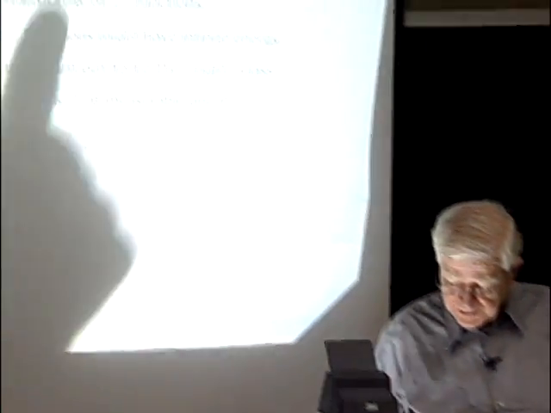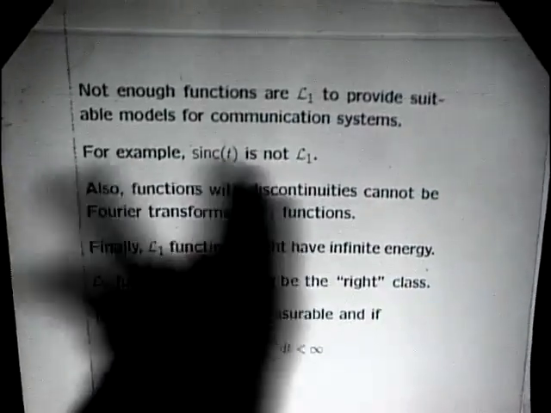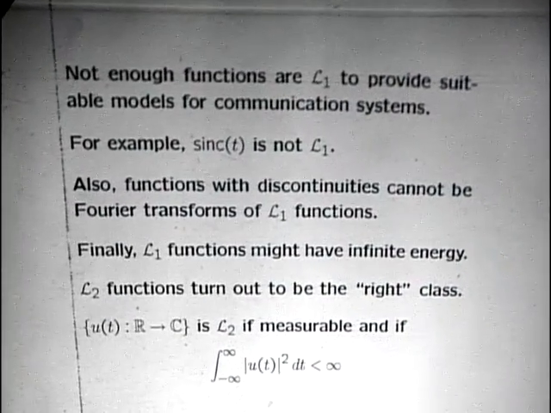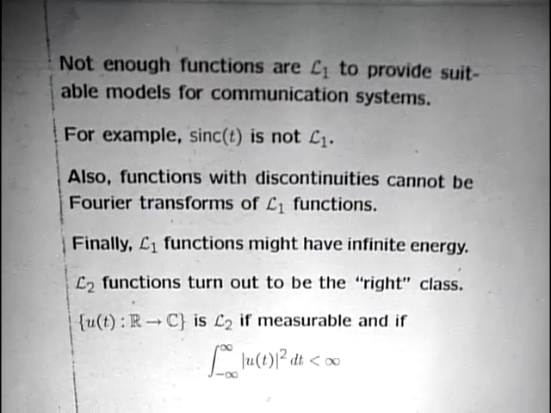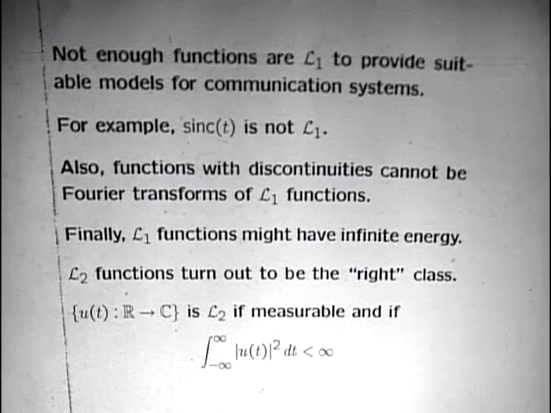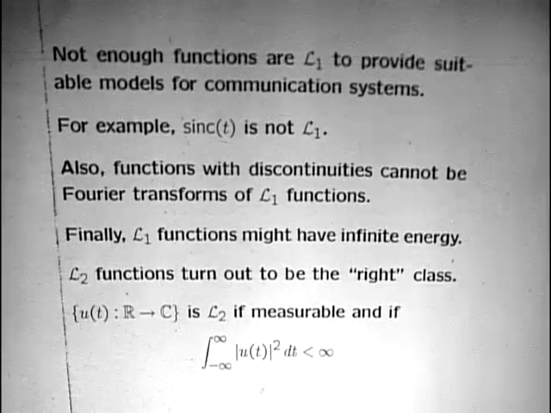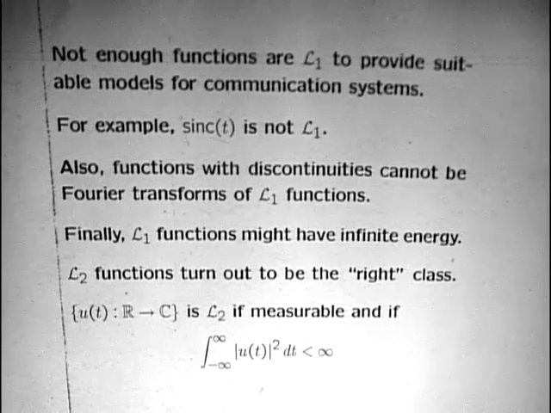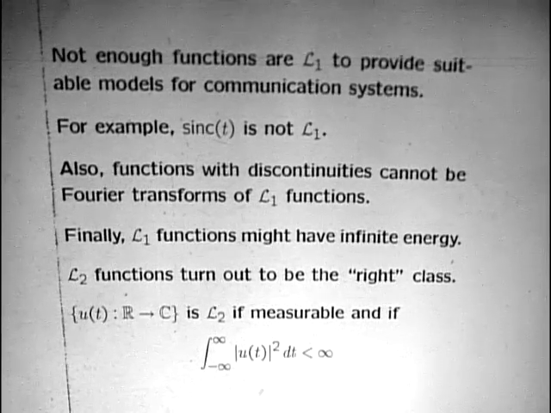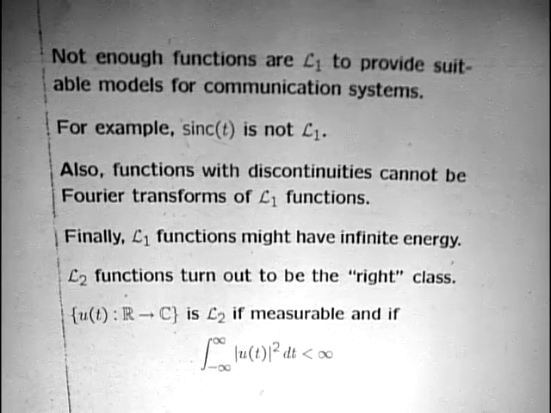L1 functions sometimes have infinite energy. In other words, sinc t is not L1. Well, that's not a good example because that's not L1, and it also has infinite energy. But you can just as easily find functions which drop off a little more slowly than sinc t, and which have infinite energy.